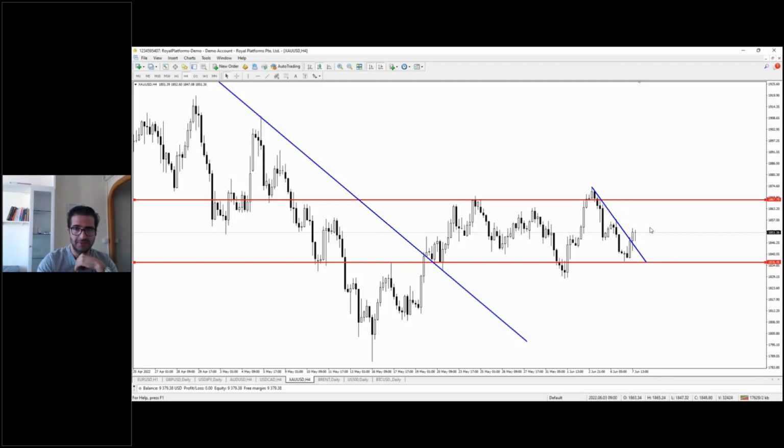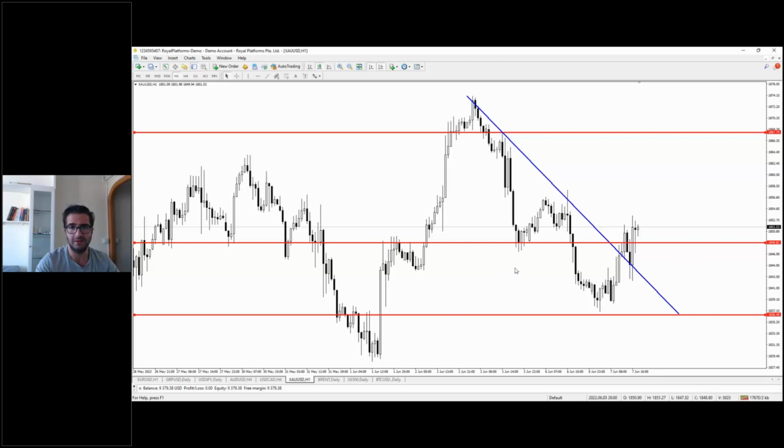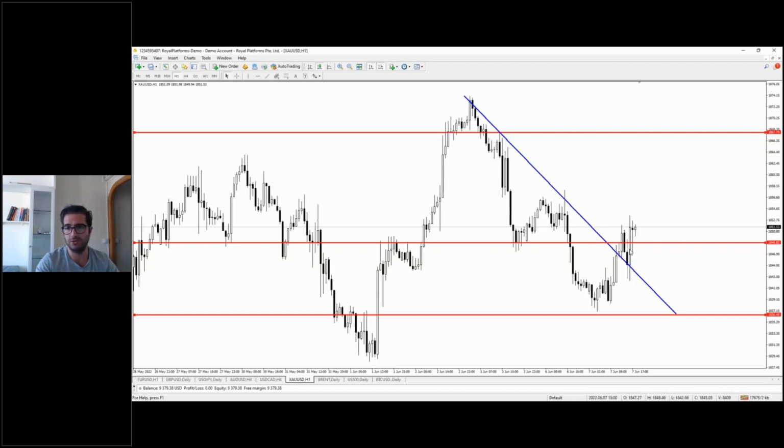Okay, so most probably the market will continue to the upside. Even on the 1 hour time frame, there is a strong support here. So on the lower time frame, the gold looks good. We have a bullish candlestick above it. So most probably the market will rally to the 1867.